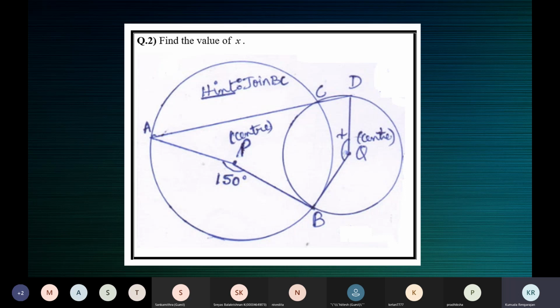The same arc AB subtends angle ACB at the point C on the remaining part of the circle. For which reason we have to join BC, so that we can see that angle.